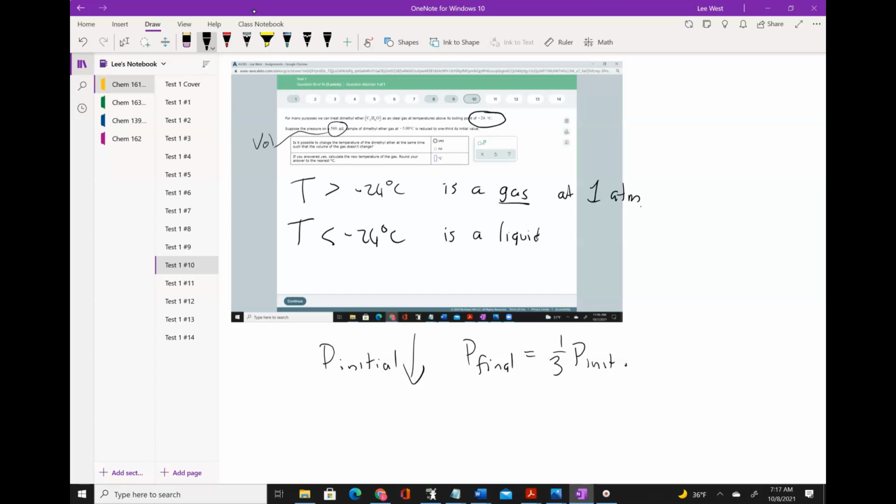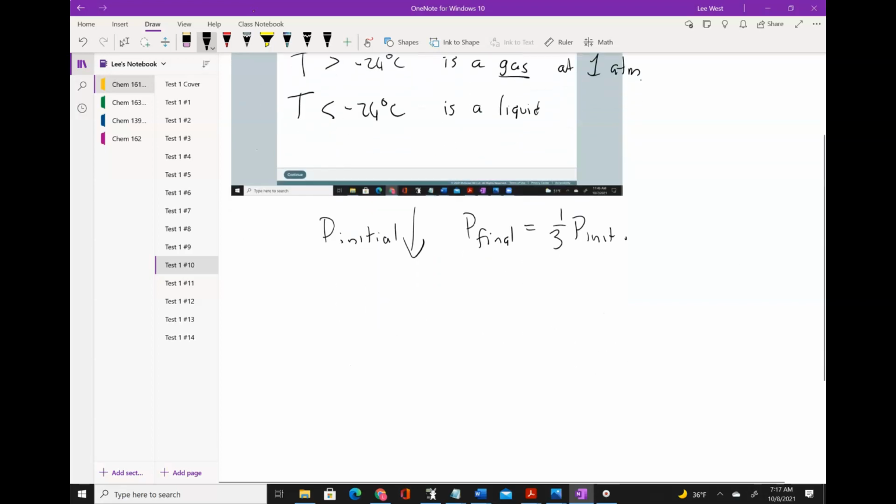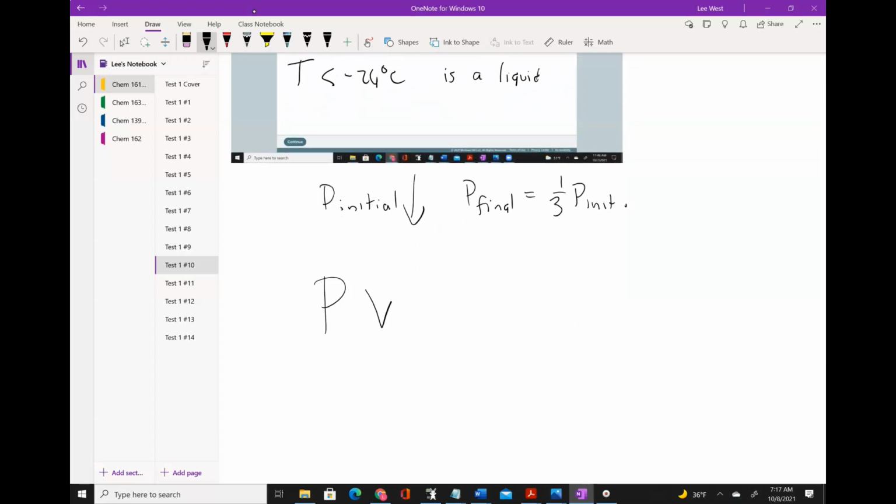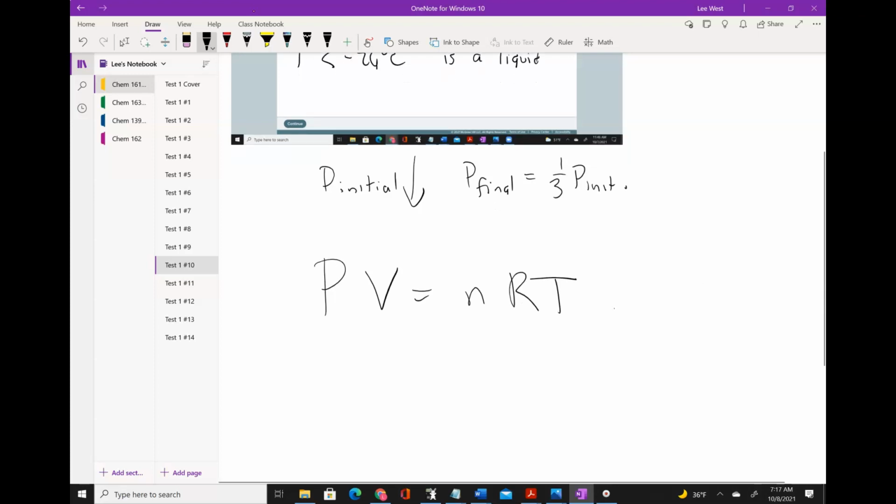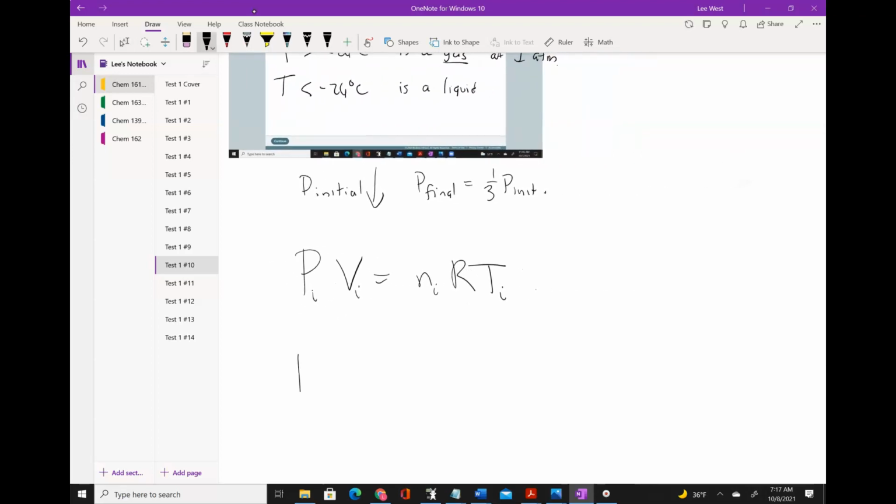So what they want to know is, is it possible to change the temperature of the gas at the same time so that the volume doesn't change? What we know is that PV equals nRT. And so we've got some initial conditions, and then we're going to change it to some final conditions.